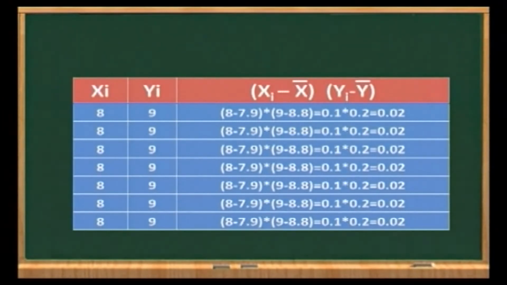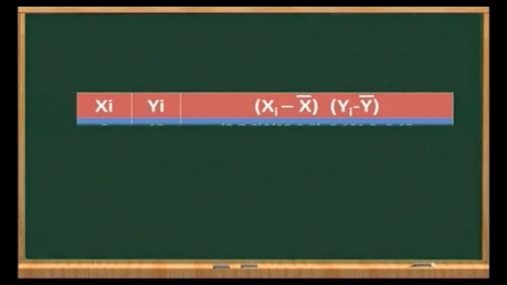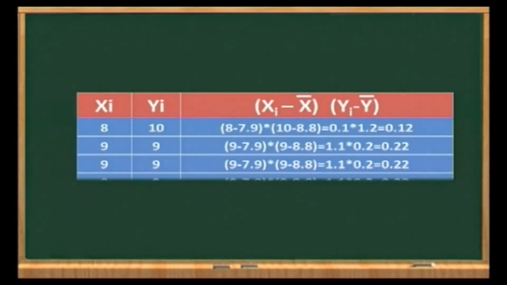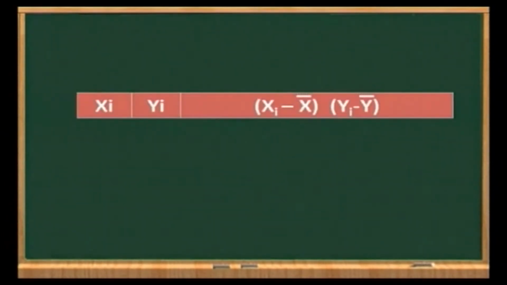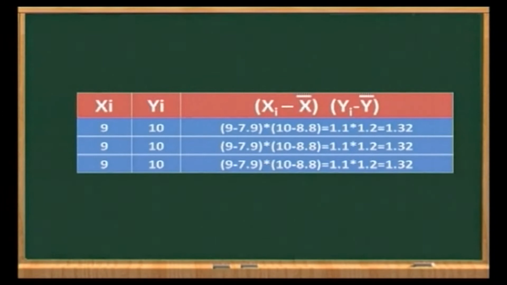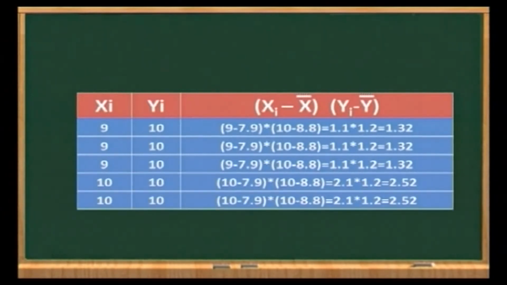The (xi minus x bar) times (yi minus y bar) is calculated here. For example, the first value, 3 minus 7.9 times 3 minus 8.8, is equal to minus 4.9 times minus 5.8. The value is 28.42.